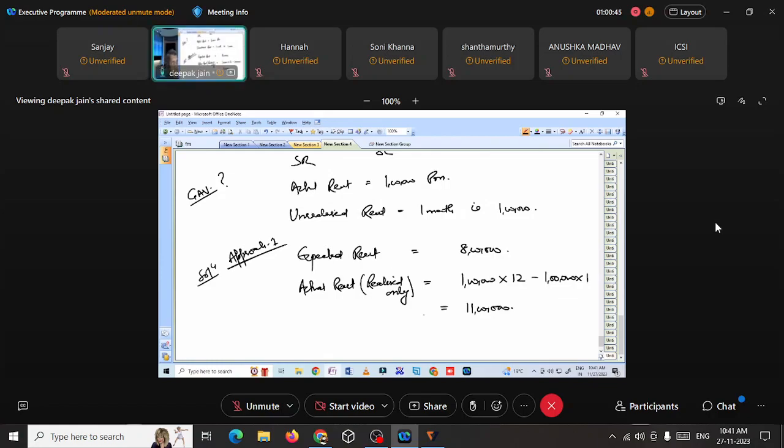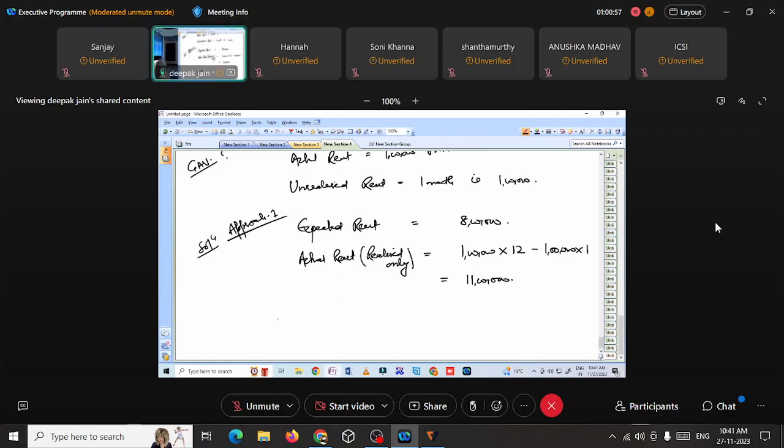This is approach 1. Comfortable? Take realized rent only. Therefore, whichever is higher is the GAV. GAV is 8 or 11, whichever is higher, 11.